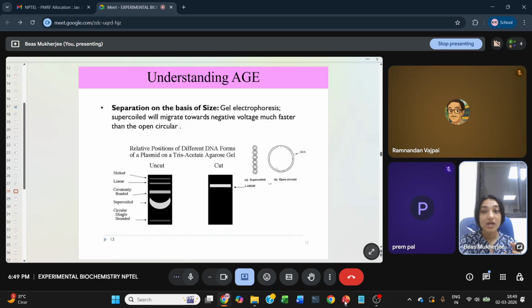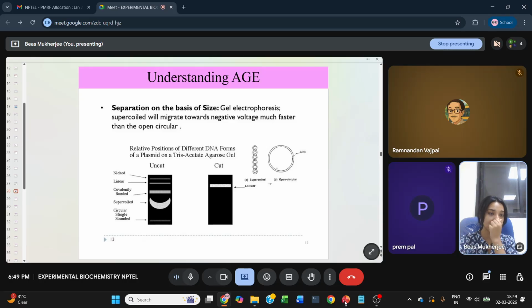Okay, so remember that supercoiled always runs the fastest. And if there is circular single stranded, that means its molecular weight is obviously much lower, about half of the supercoiled DNA which is double stranded, so it is going to run the fastest in this case, right?